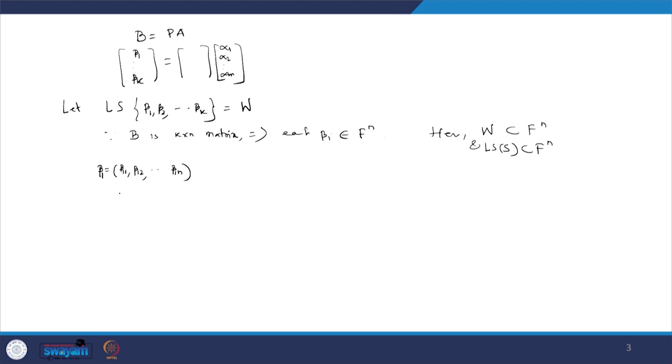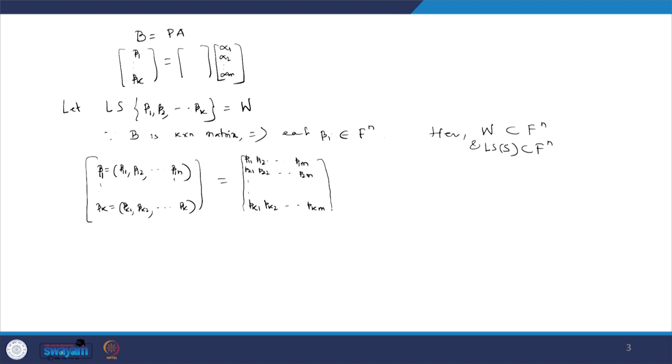This is an n-dimensional array. Similarly, I will have beta k equal to beta k1, beta k2, up to beta kn. Now, this is my B matrix: P11, P12, P1m, then P21, P22, P2m, and similarly Pk1, Pk2 and Pkm.